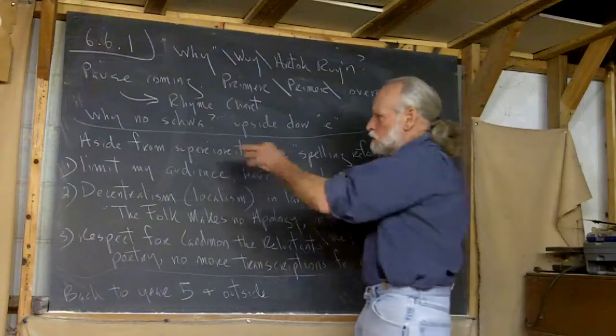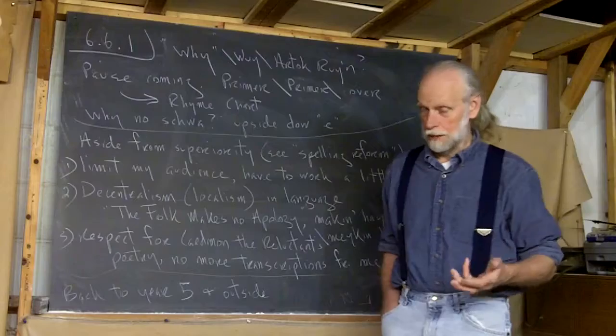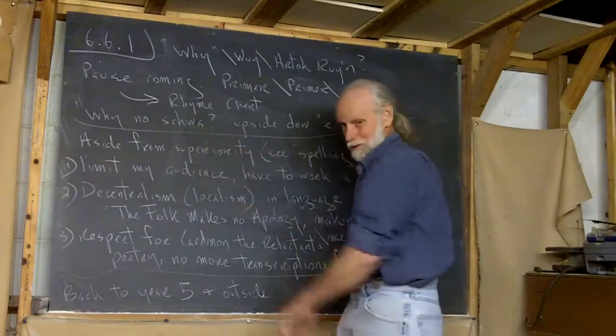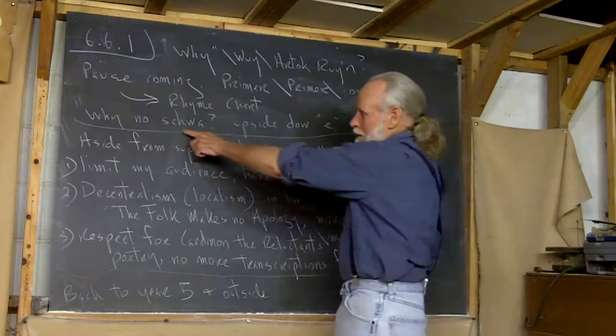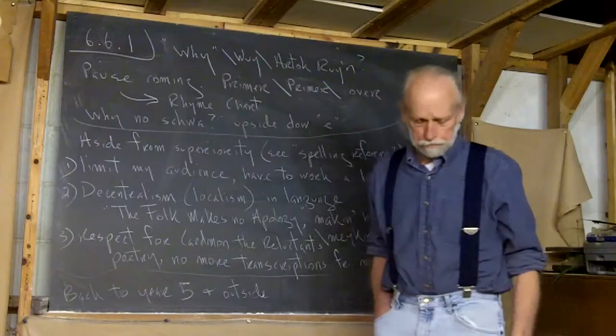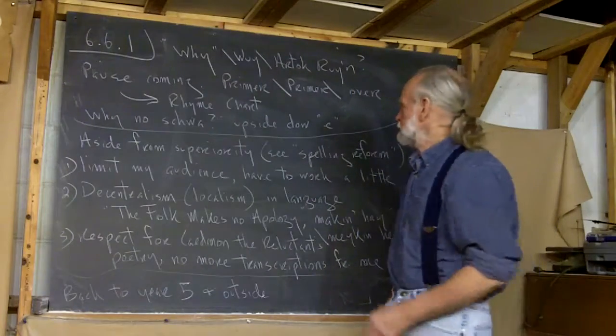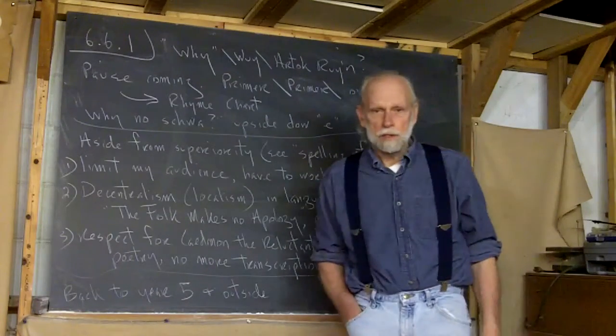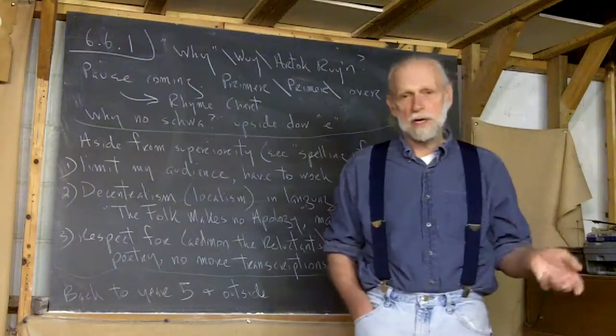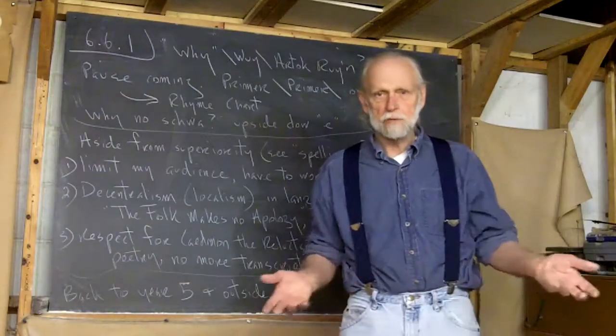All right, now why no schwa? Why didn't I just use a schwa? I think that's the way you spell that. I don't know. That's not the way I'd spell it in Artok Ruy'n, but well, it's because it's an upside down E. A schwa is usually represented with an upside down E, and that's not easily available on a keyboard.